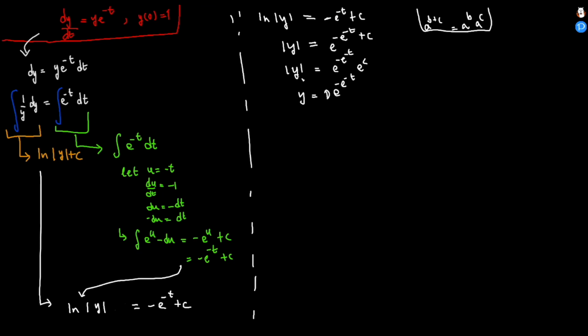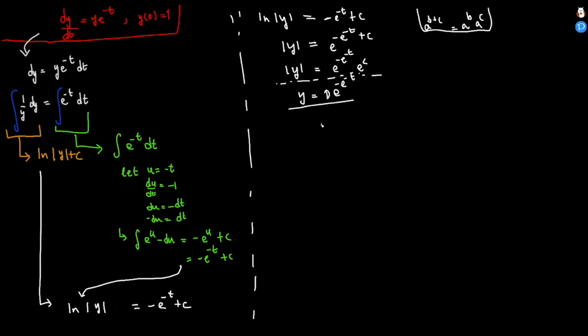I've essentially incorporated the absolute value into this constant, and I've gone over this a couple of times in other videos, so just check out any of the other absolute value problems, and I'll explain why. I'm not going to spend time on that here.